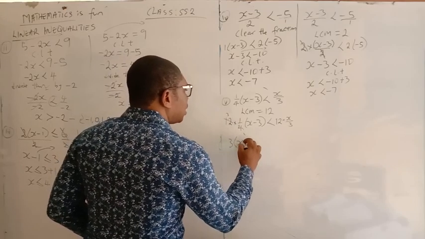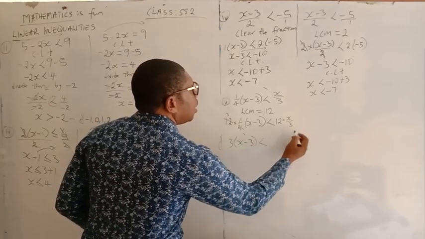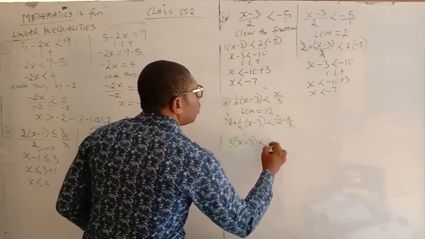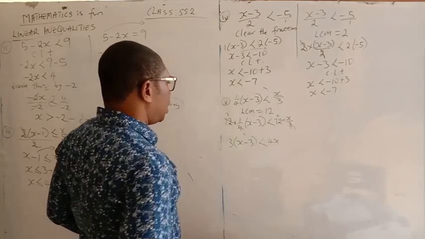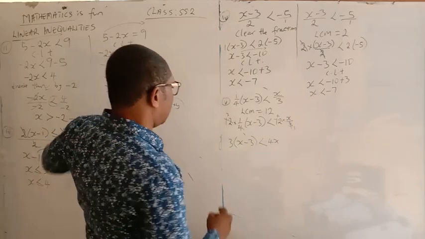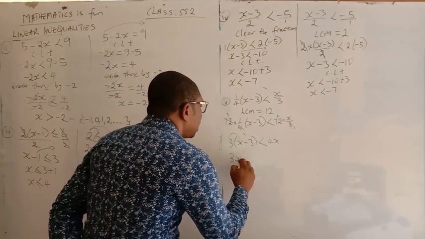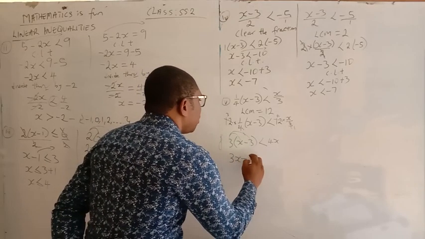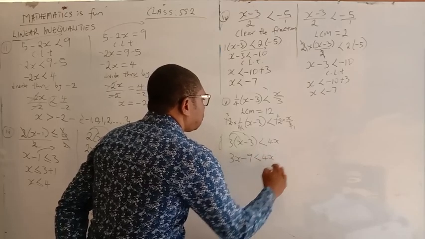Then you have x minus 3 less than 3 in 3, 1. 3 in 12, 4. So you have 4 times x, and that is 4x. Then I will open this bracket with 3. 3 times x will give me 3x. 3 times minus 3 will give me minus 9 less than 4x.